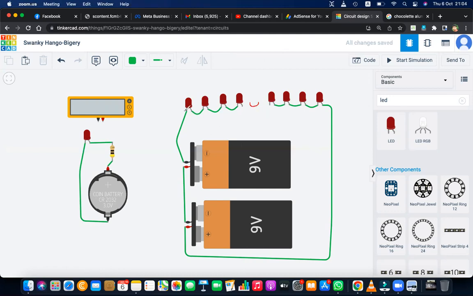Let's imagine all of these are in holders. This is a holder, this is a holder to hold the bulb, this is a holder to hold the bulb. These are holders, right? The holder is there, but the bulb is not there.